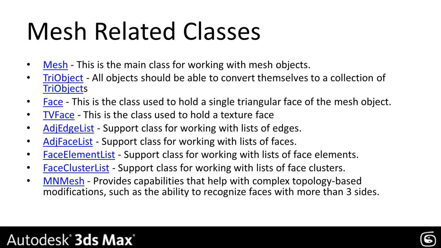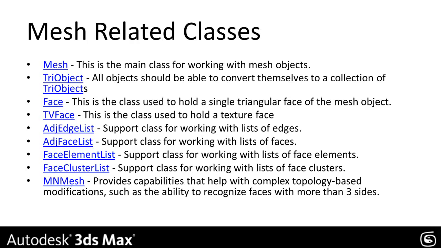So individual vertices within the object itself, you can snap to vertices, and also the faces. So there are also methods that allow optimization, the ability to apply mapping coordinates, and to perform Boolean operations on the mesh. So you can take one mesh and Boolean it with another mesh. Okay, so mesh is really a fundamental class, provides a lot of capability.